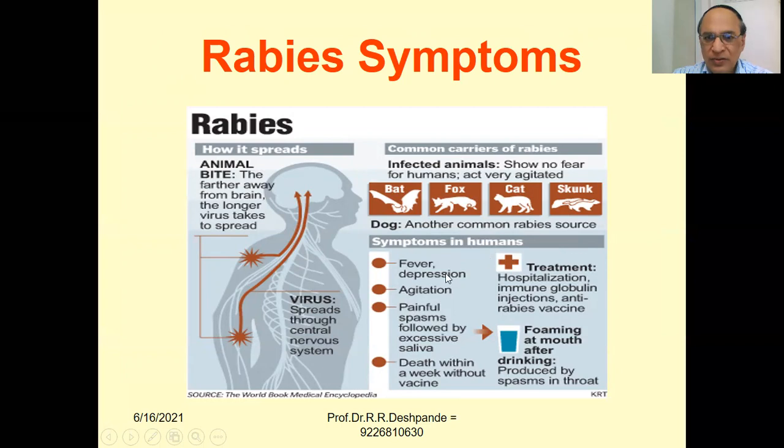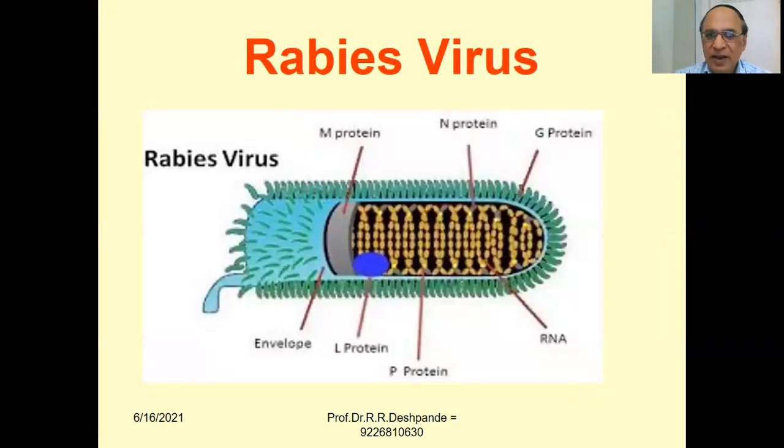Common in humans: fever, depression are the symptoms, agitation, painful spasm followed by excessive saliva, death within a week without vaccine. Treatment: hospitalization, immunoglobulins, injections, anti-rabies vaccine. Foaming at the mouth; after drinking, it produces spasm in the throat.